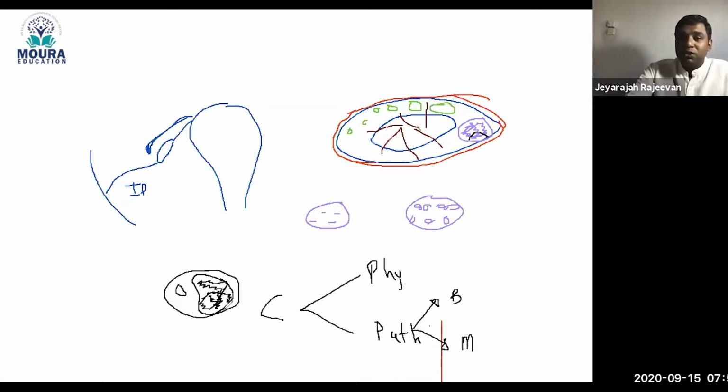So how do you know whether this is antral fluid or a pathological one? How can you differentiate? There are features to differentiate the physiological cyst from the pathological cyst. If it is a physiological cyst, always the cyst has only one component, a single fluid collection.